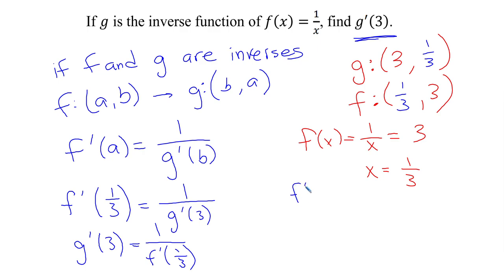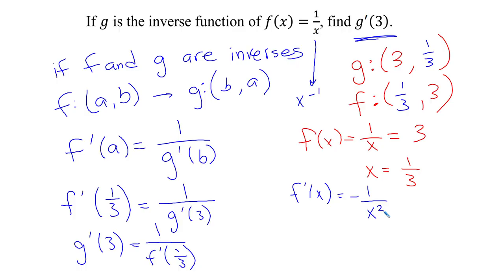Well, f prime of x is the derivative of 1 over x. And 1 over x's derivative, you can either use the reciprocal rule for that if you want, or you can just think about it as f is equal to x to the negative 1. So its derivative should be negative 1 x to the negative 2, or negative 1 over x squared.